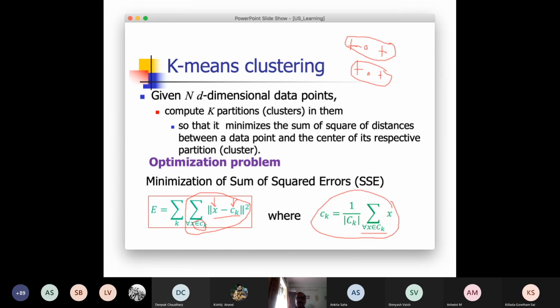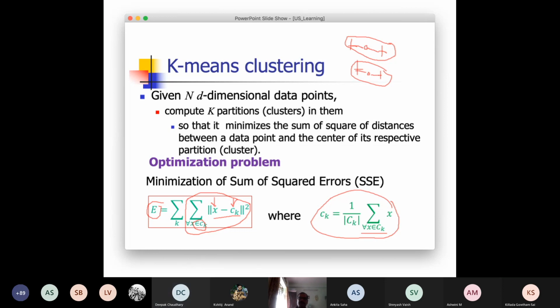Find the squared errors from these samples with respect to this mean, and sum them. Find the squared errors for the other points, sum them, and the sum of all these will give you the total sum of squared errors. Is it clear? Yes, sir.